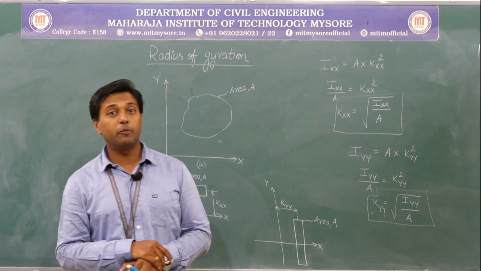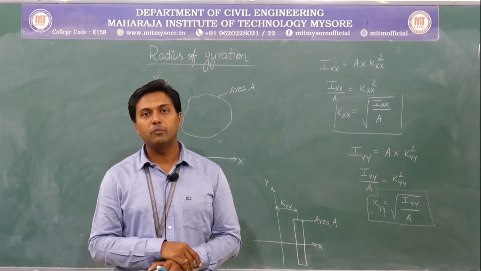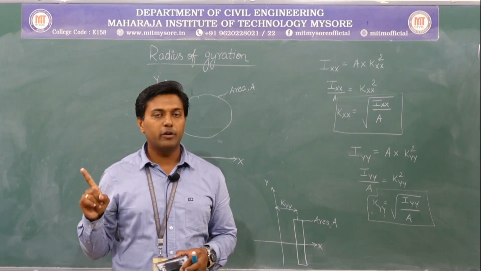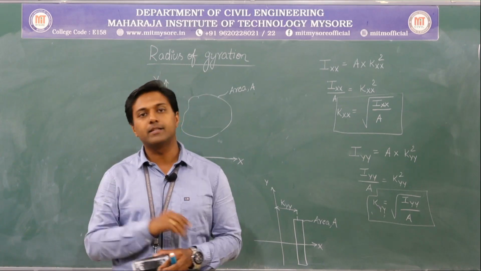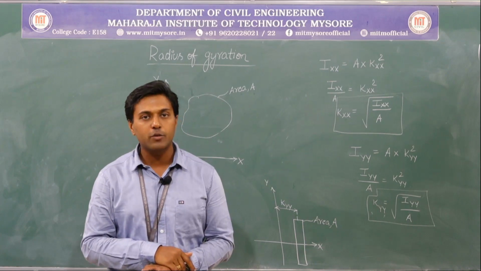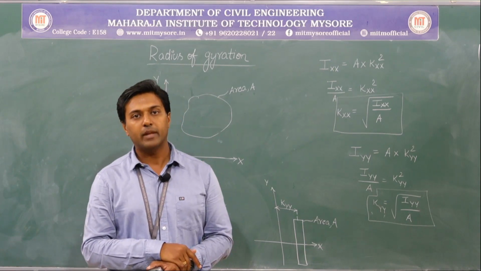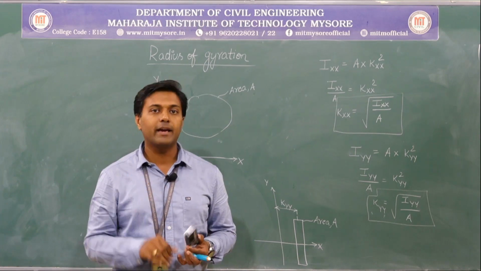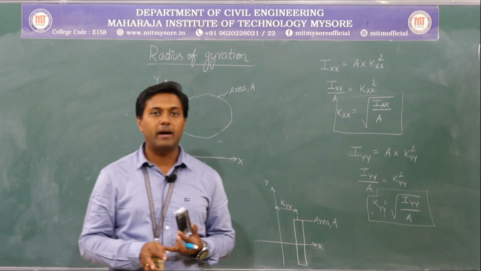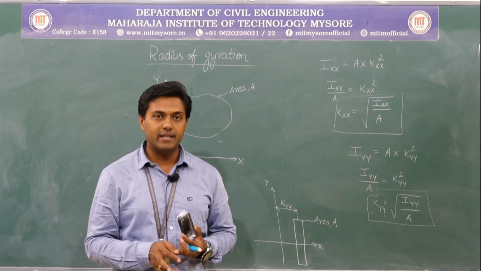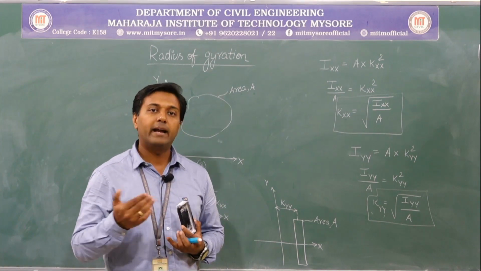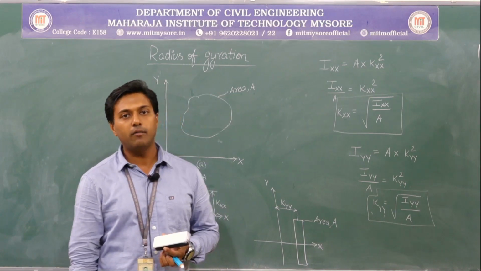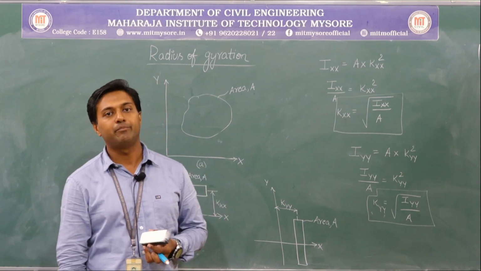Next we moved on with the polar moment of inertia Izz, which is given by integral of r square into dA. Next, 2 more formulas: the radius of gyration about xx axis is given by kxx equal to square root of Ixx by capital A, and about yy axis kyy is equal to square root of Iyy by A.